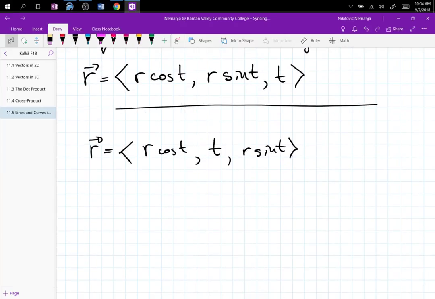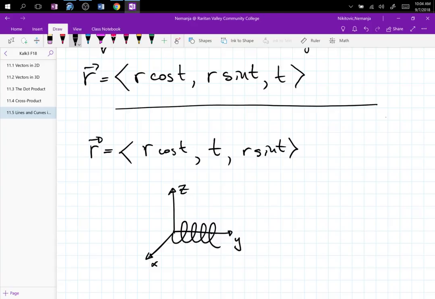Note that the t is in the y position, therefore, clear? So you can wrap around x, wrap around y, wrap around z. The position in which t is, is the axis you're wrapping around.